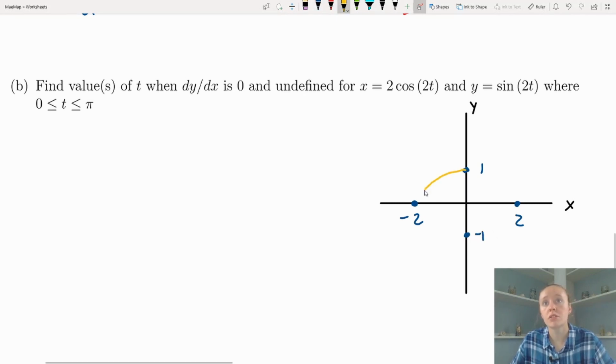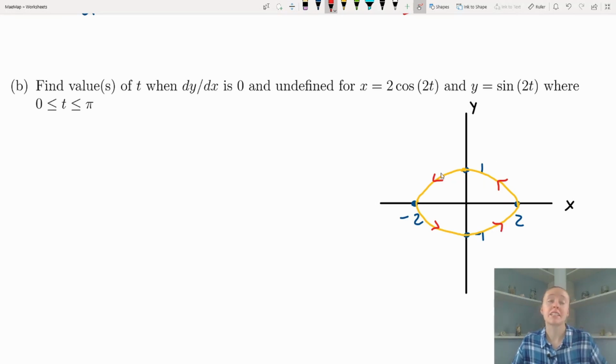So you can see that if I was to draw this ellipse, I know that that direction is counterclockwise, which isn't too critical for this problem because I didn't specify that I wanted the direction, but let's just be thorough. So if we have x equals 2 cosine of 2t and y equals sine of 2t, just looking at this picture, where would you expect your derivative to be 0?